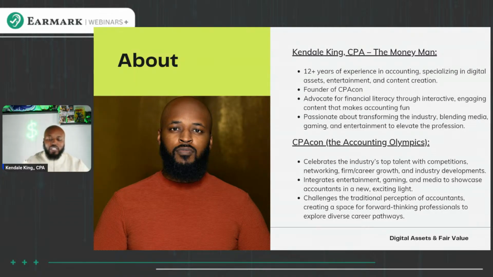concept of bringing together the fun of a cool, engaging convention, that you might think of like a Comic-Con or a DreamCon in my experience, and bringing that over into the accounting space, almost like the Super Bowl of accounting, the NBA All-Star Weekend of accounting, whatever you like to think of, that floats your boat.